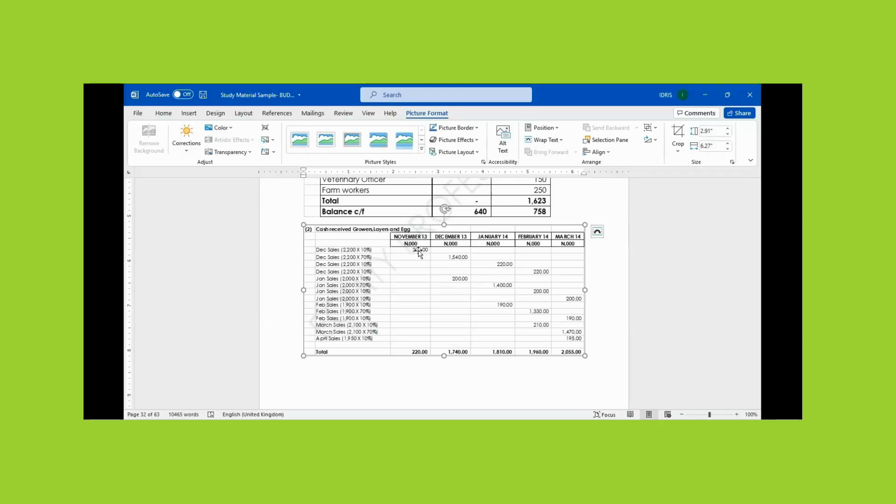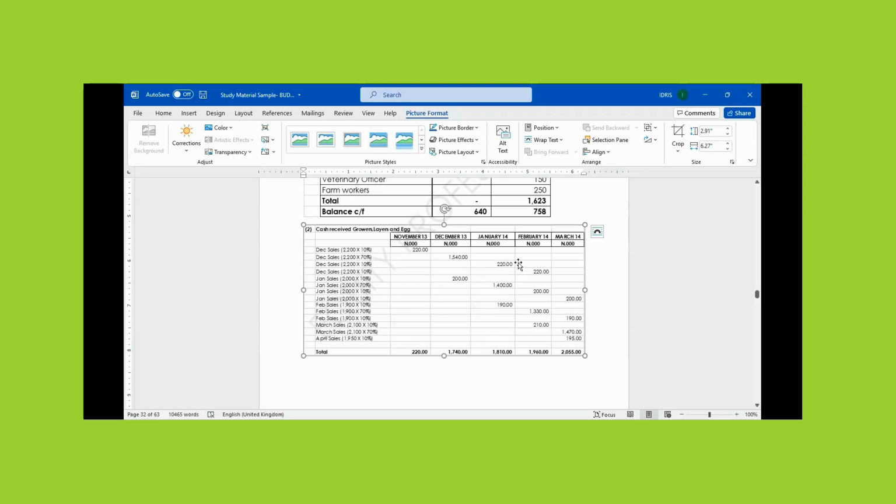70% of it is received in the same month of December, month of sale. That is 1,540. Another 10% in January. 10% of 2.2 million in January will be 220.